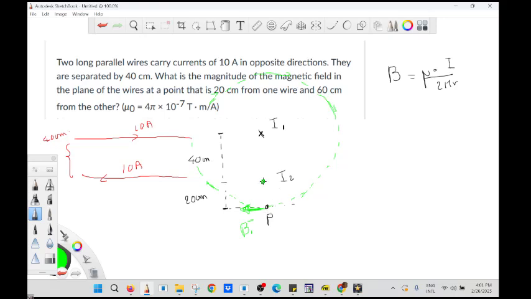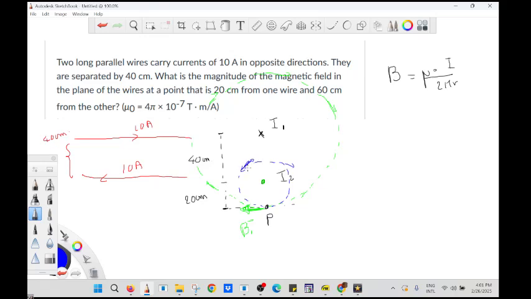And then this one, the current is going towards you. Okay, so it means it's going to make also a magnetic field, but it's going to circulate here in the opposite direction. Sorry, it's going toward you.